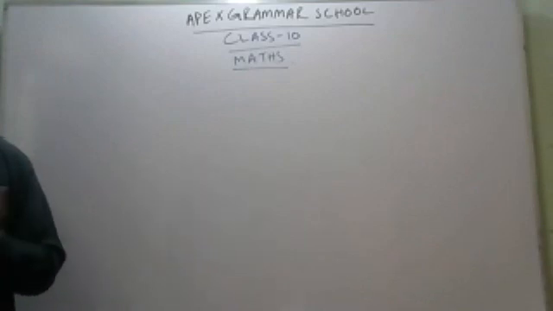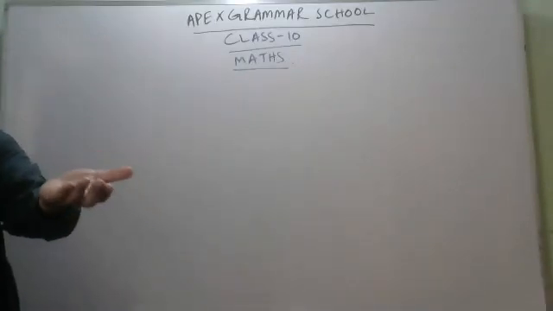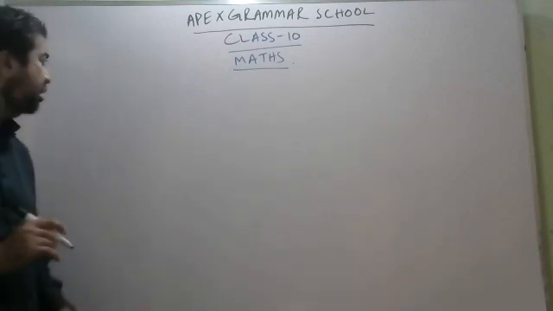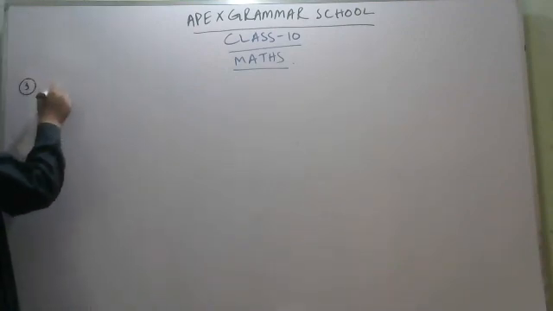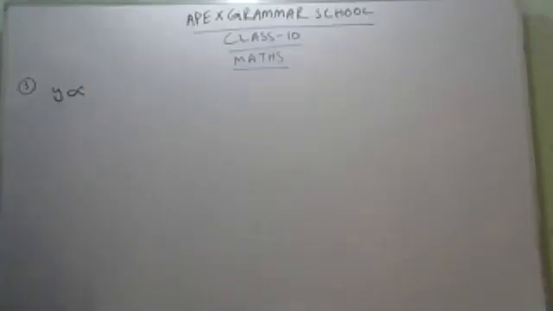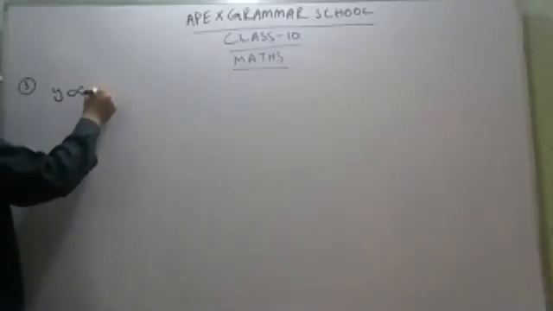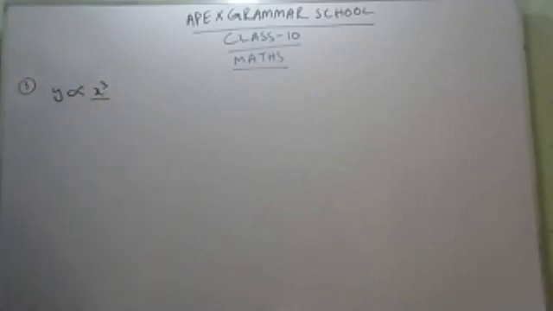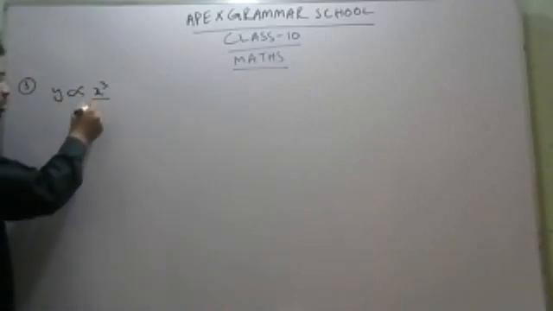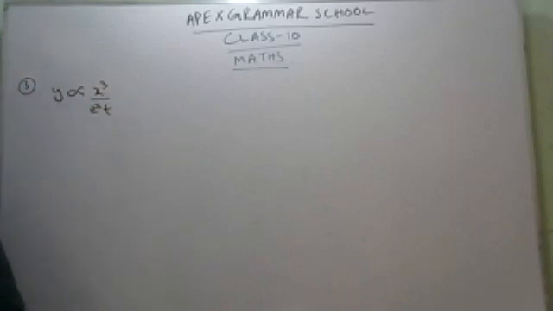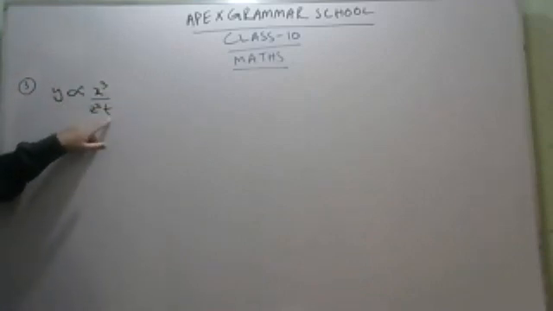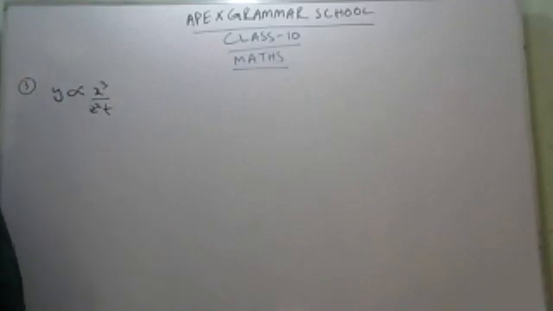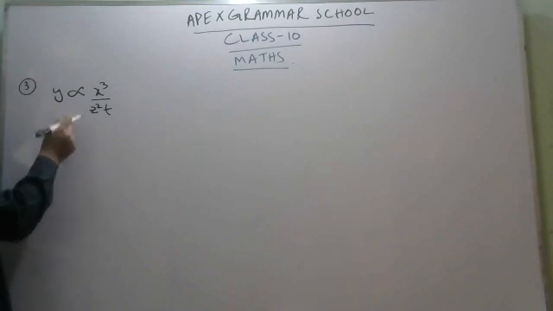If y varies directly as x cube, meaning y is directly proportional to x cube, and inversely proportional to z square and t, then y will have an inverse relation with these.